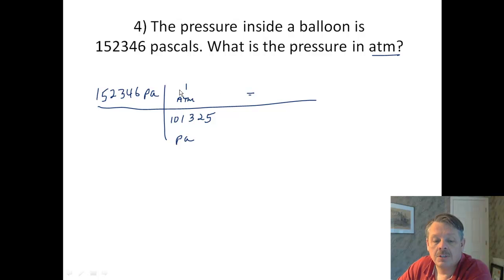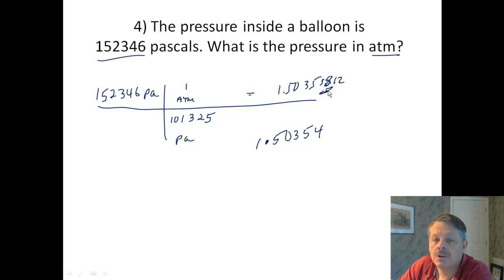So when I take these numbers and multiply by 1 and divide by the 101,325, I get 1.50353 and so on. I have 6 sig figs in my problem, so I have to go out to here. It's got to be a 4 because I've got to round up because of the 8, so 1.50354 atmospheres.